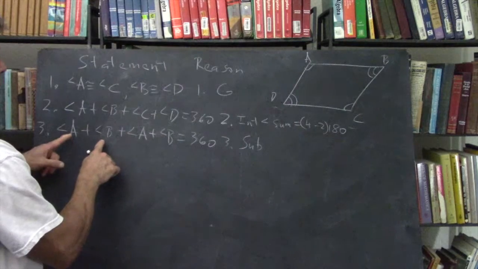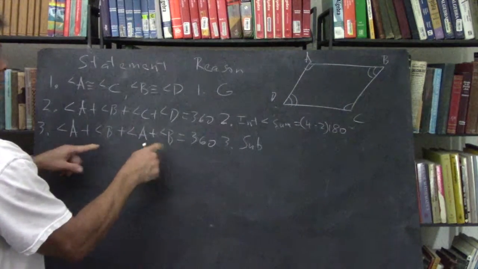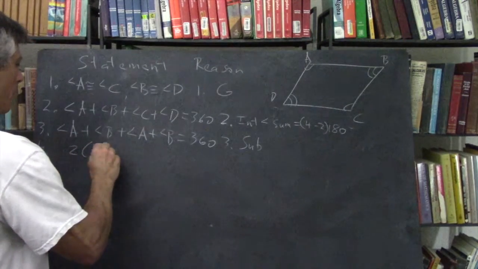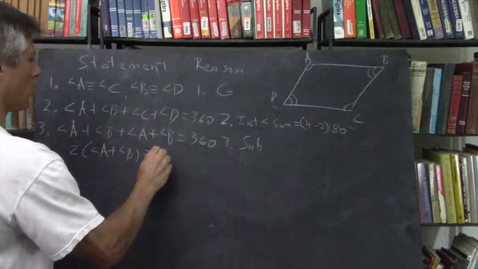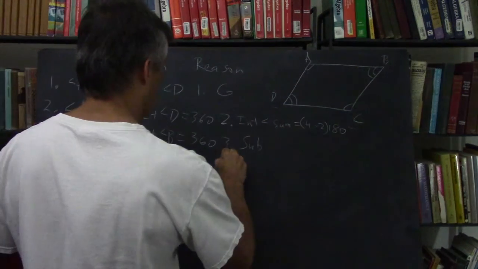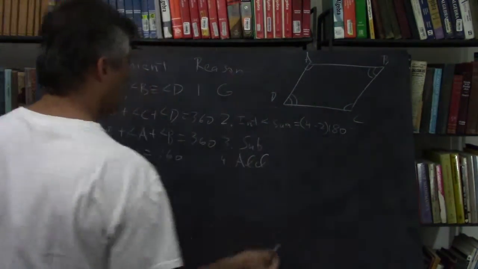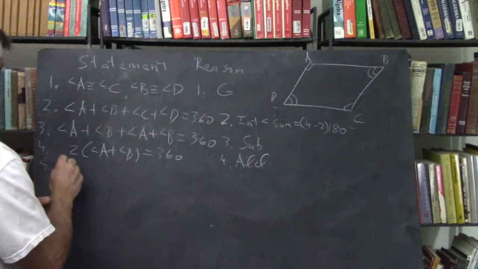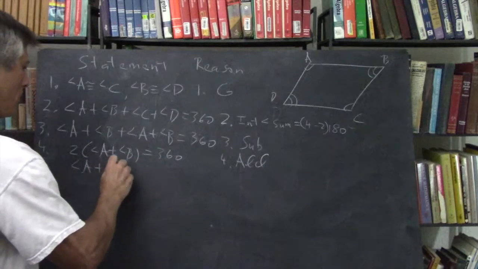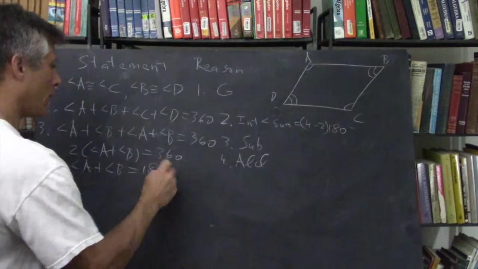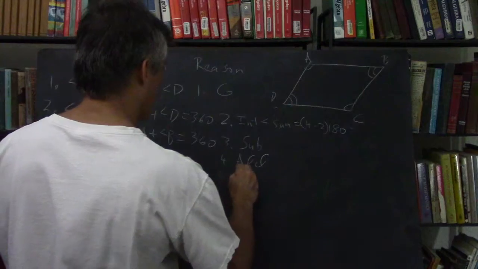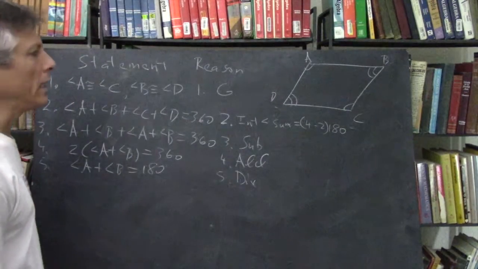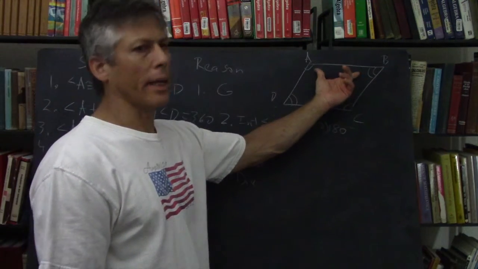But then we have two A's and two B's. So we just added. Then we can divide by 2. That's just division. So angle A and B are 180, but notice these are same side interior.